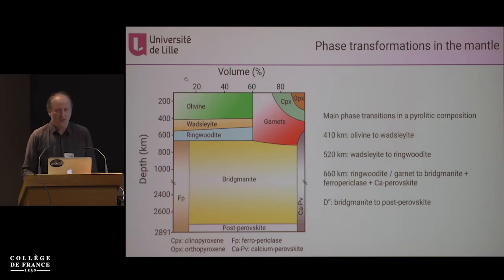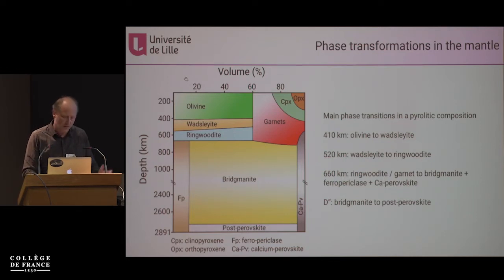So phase transformations, I guess most of you know this figure. That's phase transformations in a pyrolytic composition, and you can relate phase transformations to discontinuities in the mantle. It tells us something about the dynamics, composition, and history of the mantle. And how do you observe phase transformations?